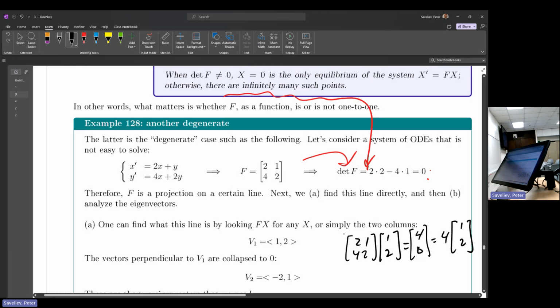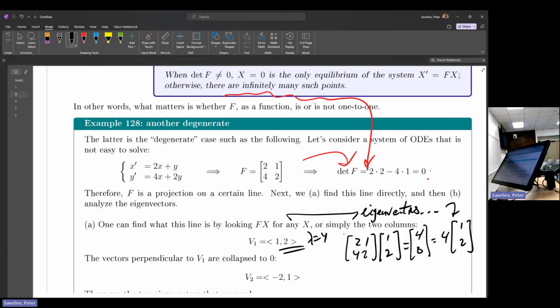Once again, I skipped over eigenvectors, so we have done this too many times. But you can use eigenvector analysis to get that answer. It turns out that 1, 2 is the eigenvector with lambda equal to 4. So it means that in that direction, 1, 2, the operator stretches.